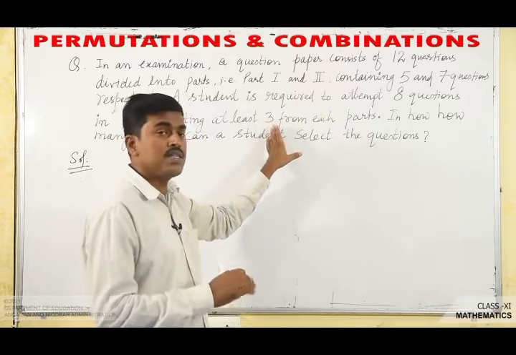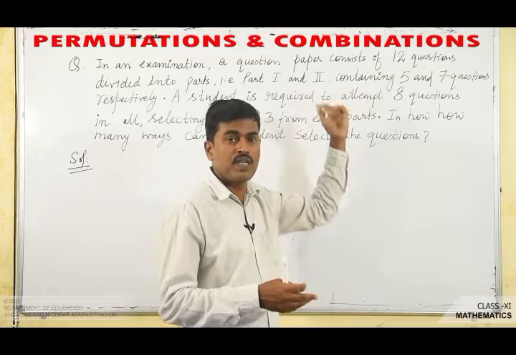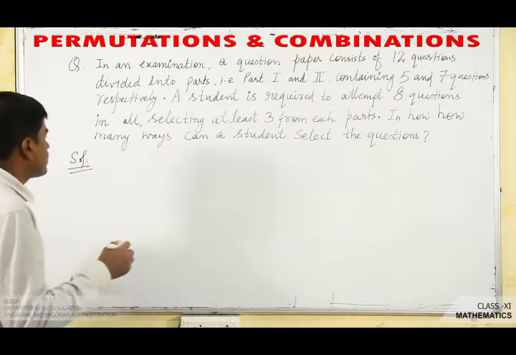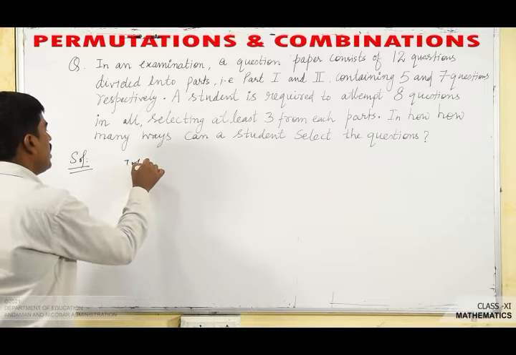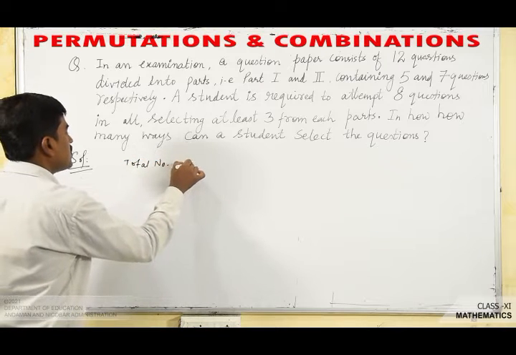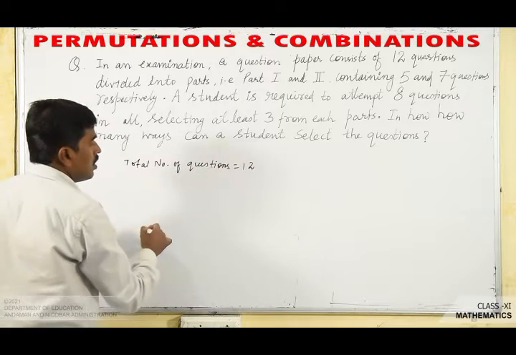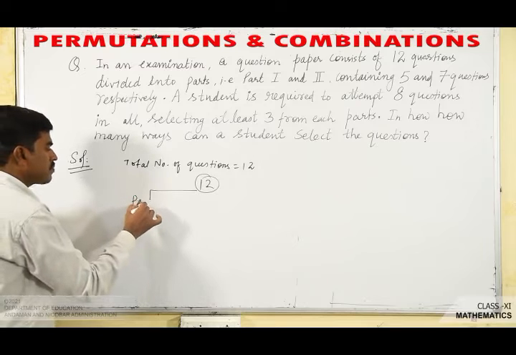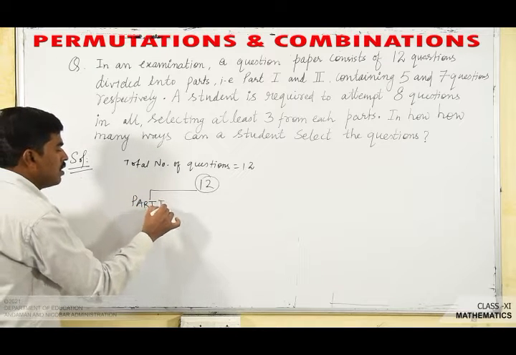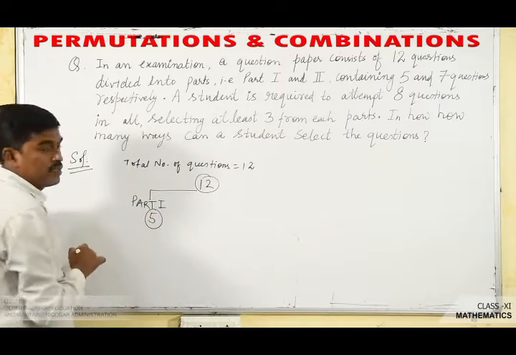At least 3 means it may be more than 3, but not more than the total number of questions in the corresponding part. So the total number of questions is 12. How many questions are there in part 1? 5 questions.